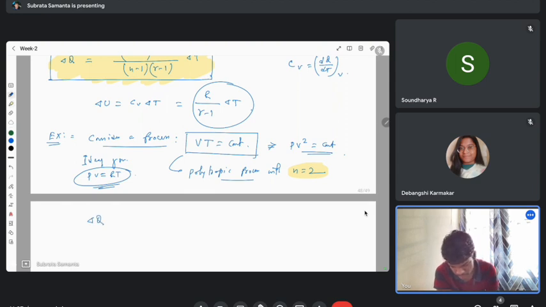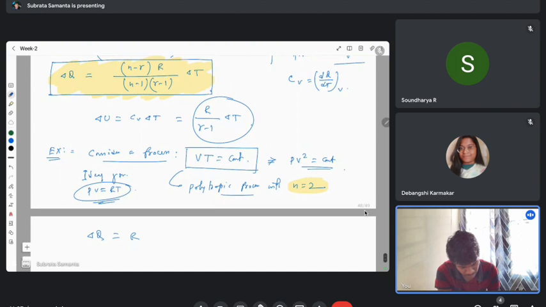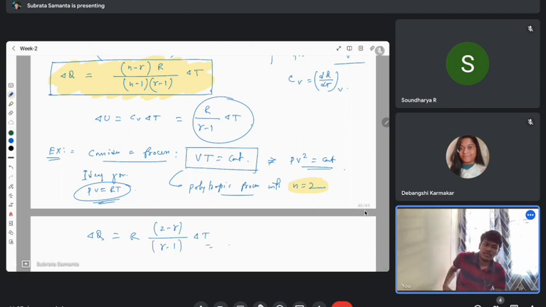Delta Q is R times (2 minus gamma) by (2 minus 1) times (gamma minus 1) times delta T. So this is the change in the heat due to the change in the temperature delta T.